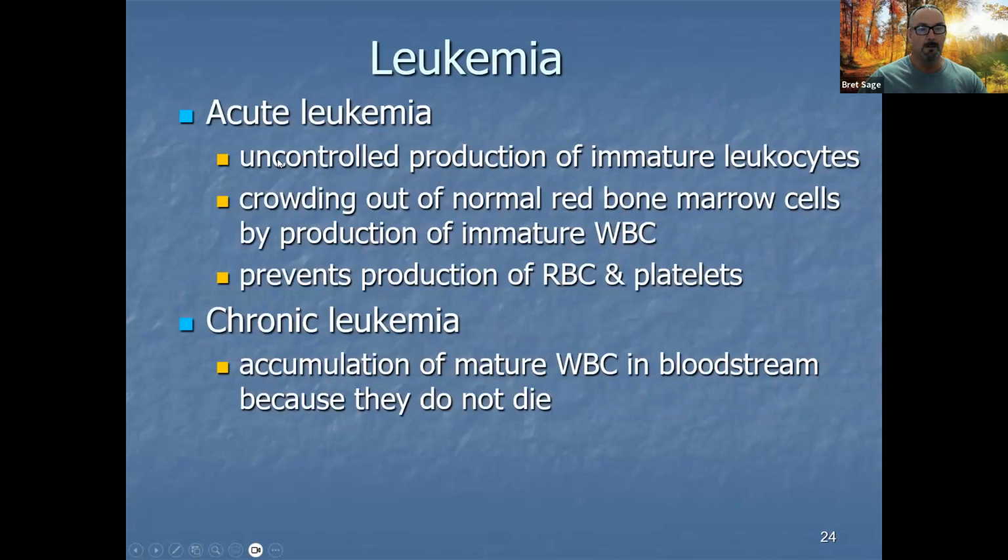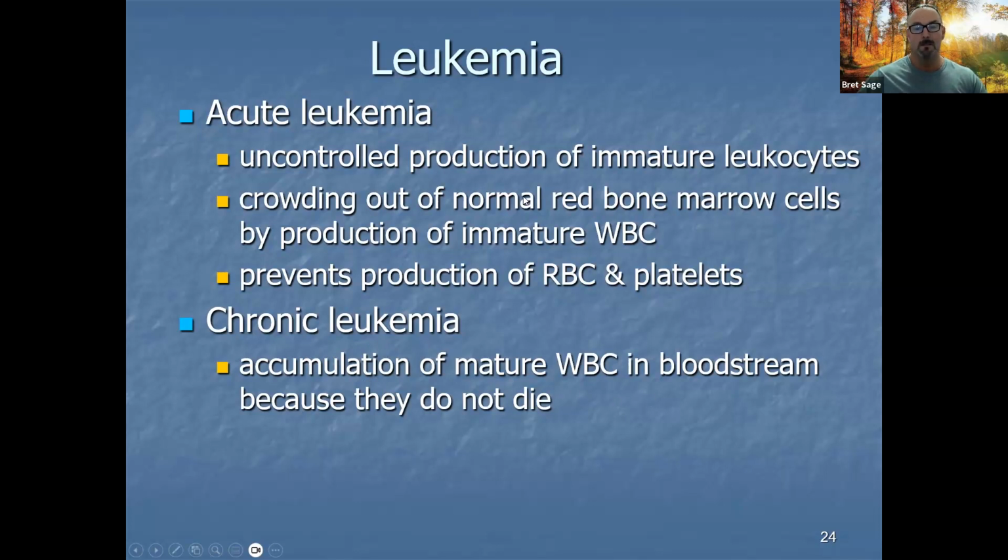Leukemia, as I mentioned, acute leukemia is uncontrolled production of immature leukocytes. Now, mature leukocytes fight infection. Immature leukocytes don't do anything other than take up room in your blood, crowding out red blood cells, making it harder for you to carry oxygen. It prevents production of red blood cells and platelets if there's too many white blood cells. In chronic leukemia, accumulation of mature white blood cells in the bloodstream because they do not die.